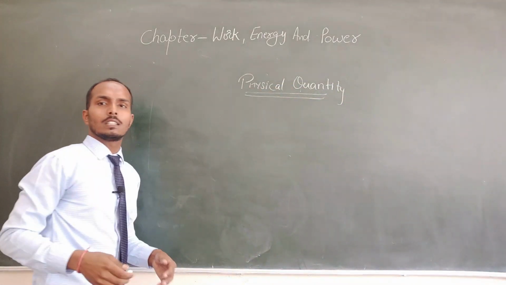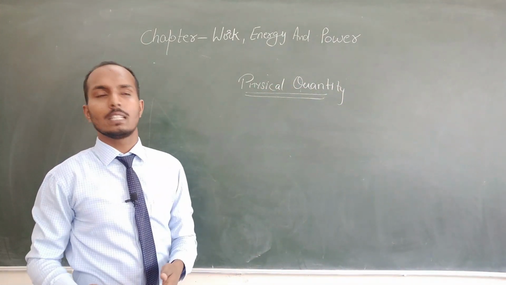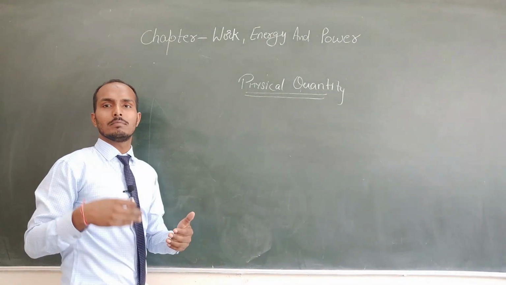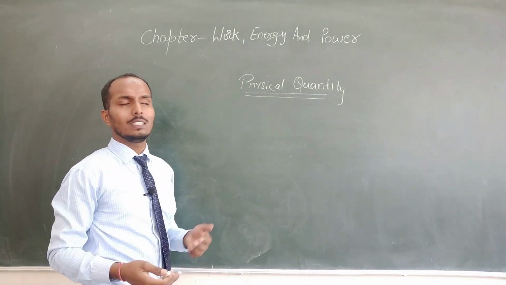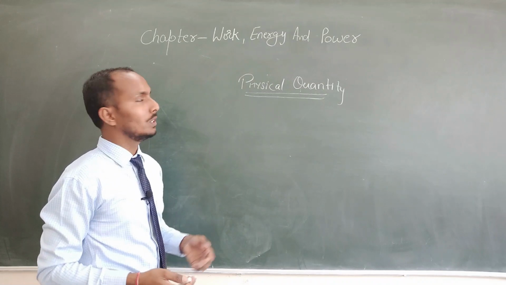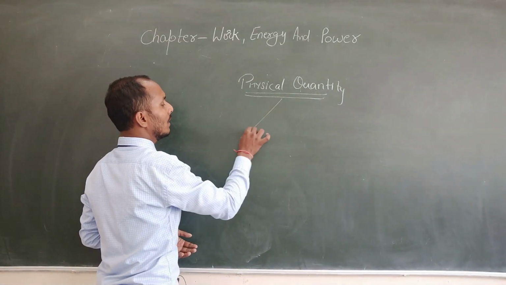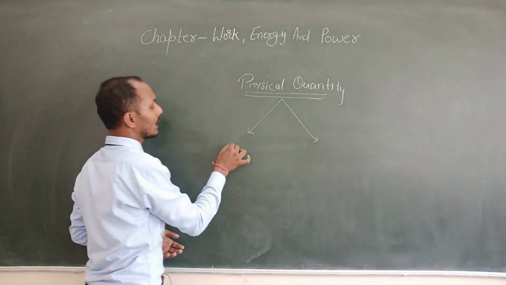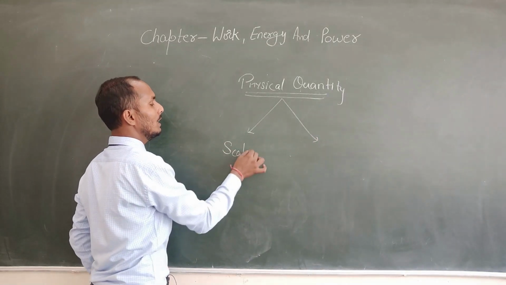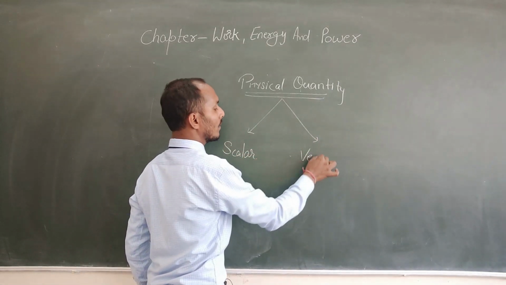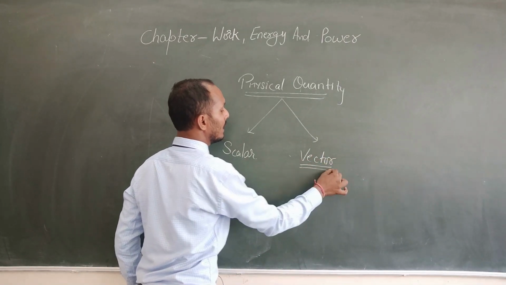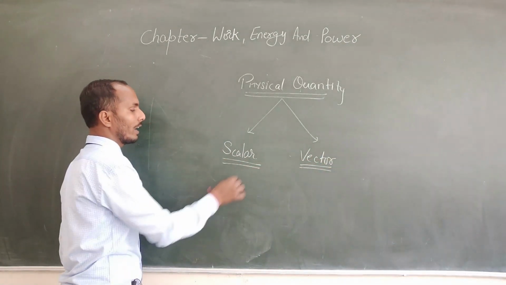A physical quantity means a quantity which can be measured. Suppose time, temperature, length, speed, distance, we can measure them, so these are physical quantities. A physical quantity may be scalar or vector.